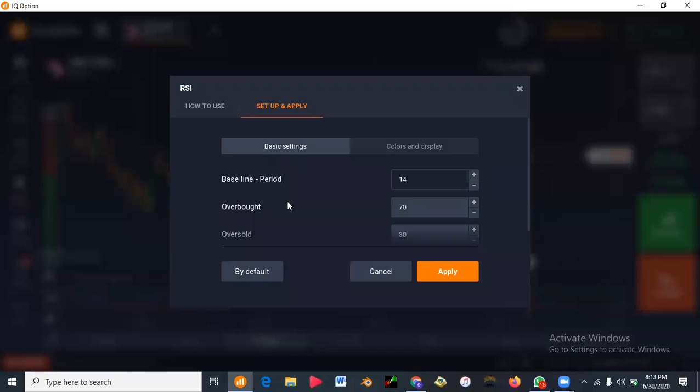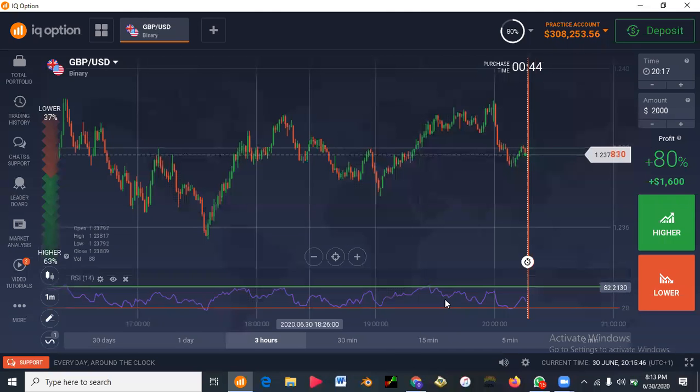What I used last week was 85 and 20. Okay, it was a difference of 16. As you can see, I think 85 is too much, but the 20 is okay.